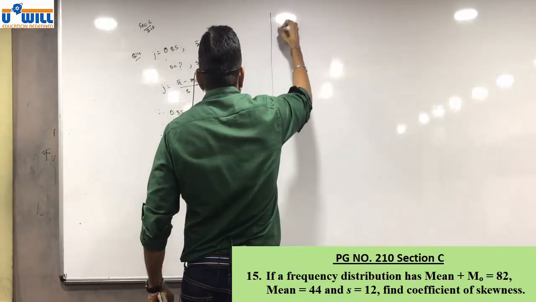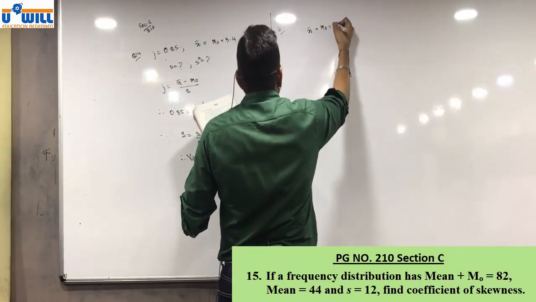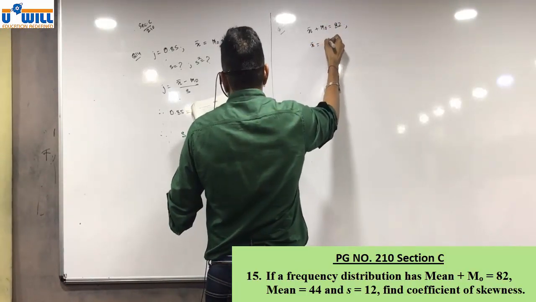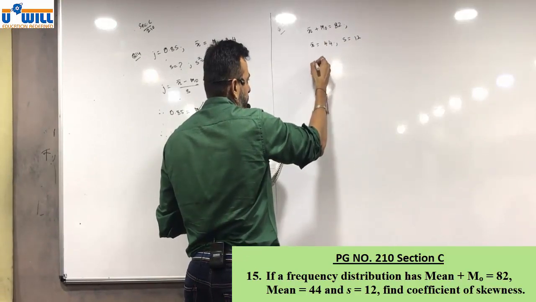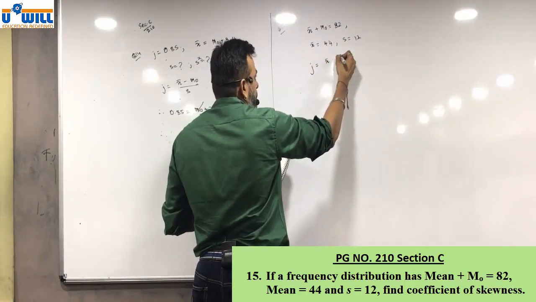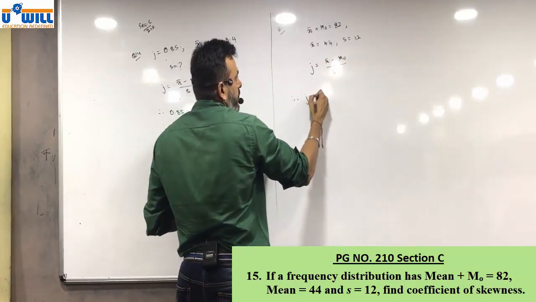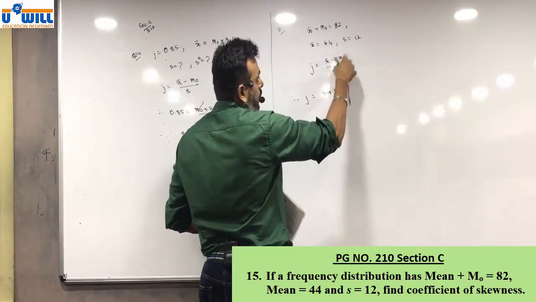Question number 15. X bar plus mode is equal to 82. X bar is equal to 44. Standard deviation is 12. We have to find J. X bar minus mode upon standard deviation. Therefore, J is equal to x bar is 44 minus, now mode.